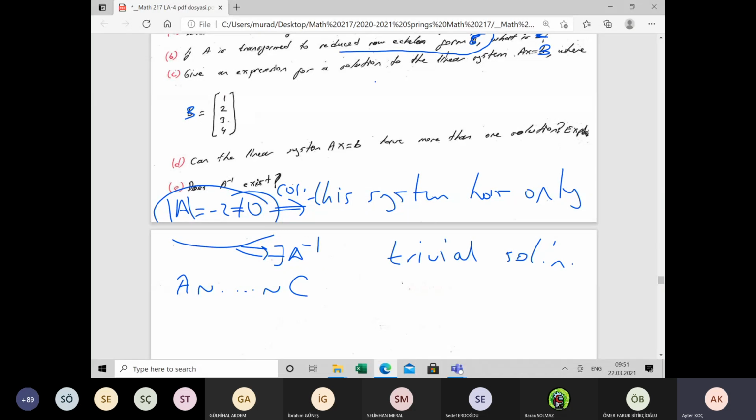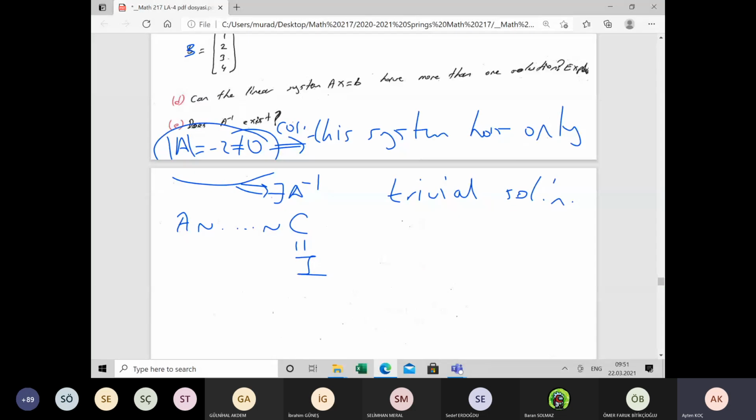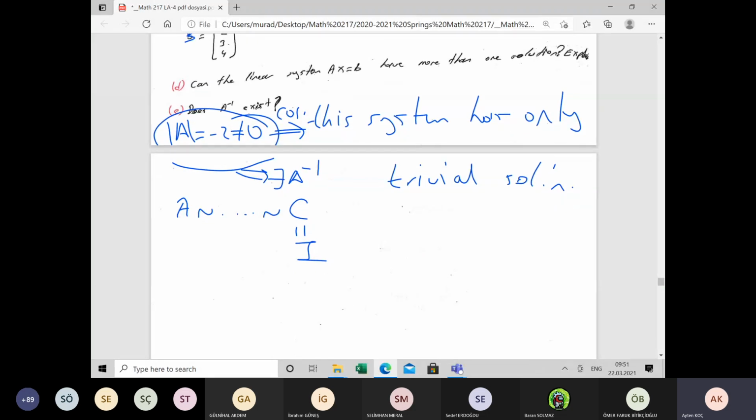Using elementary row operations, A can be transformed to the identity matrix. What's the reason? The first method to find the inverse matrix: write A and write the identity matrix next to it, then use elementary row operations.